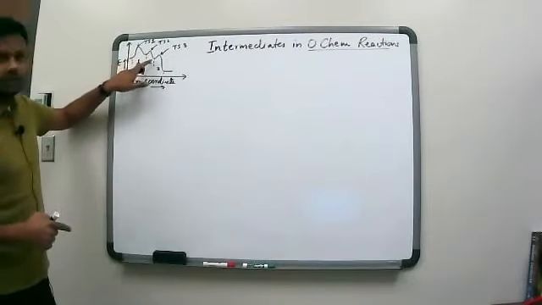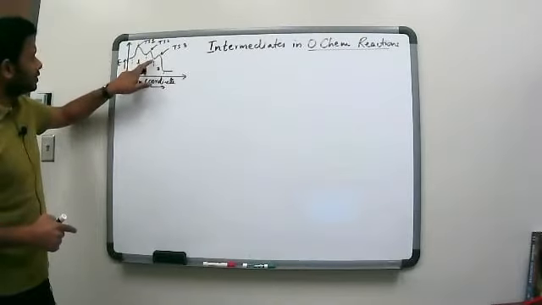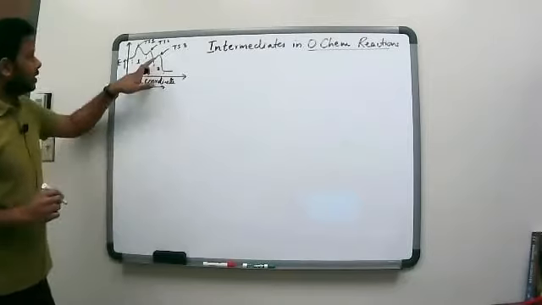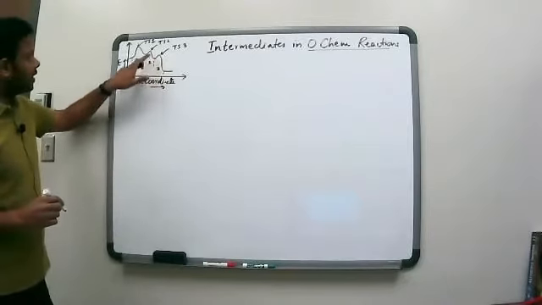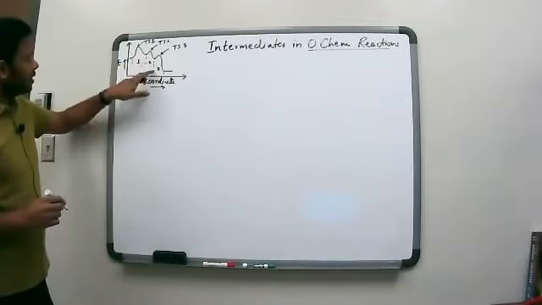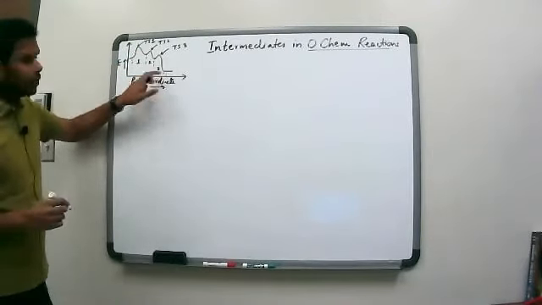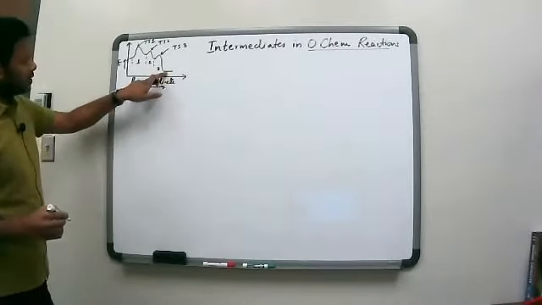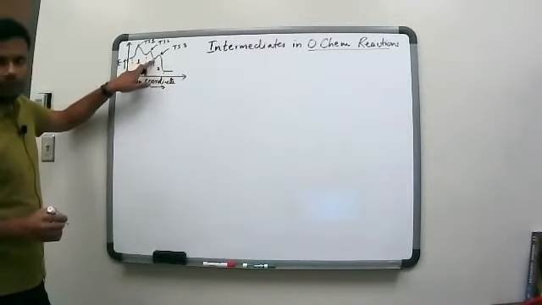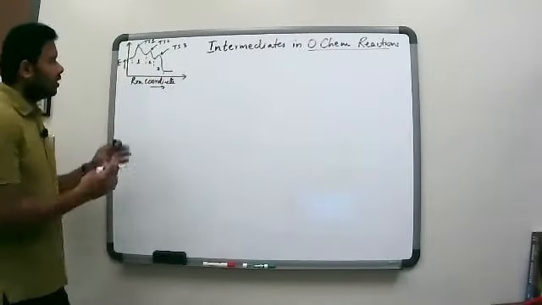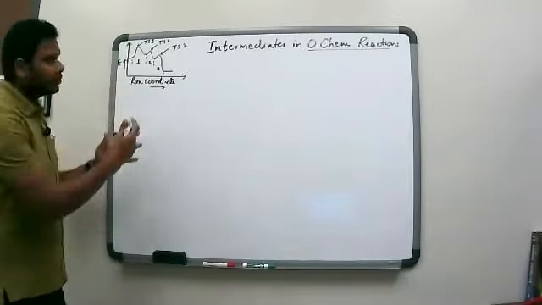The second step is exothermic, because the energy of the product, which is now here, is lower than the reactant for the second step. The third step is also exothermic, because the product is lower in energy than the reactant for the third step. So we did it step by step: you look at reactants and products from every step.